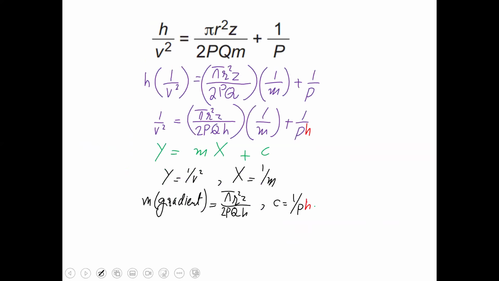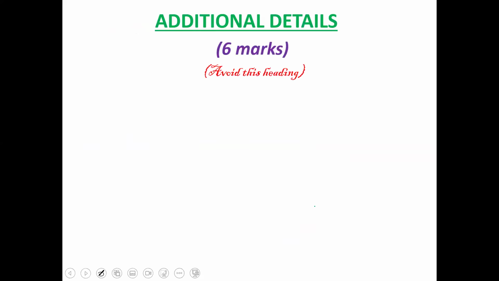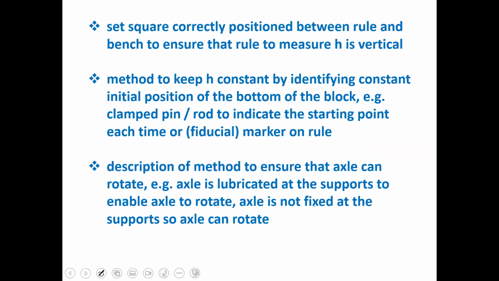Now we have covered the precautions. By rule, precautions also cover additional details. Do not give any separate heading for additional details. So this is the marking scheme reference: set square correctly positioned, method to keep h constant by identifying the constant, description of method to ensure the axle. This I have taken from the marking scheme.